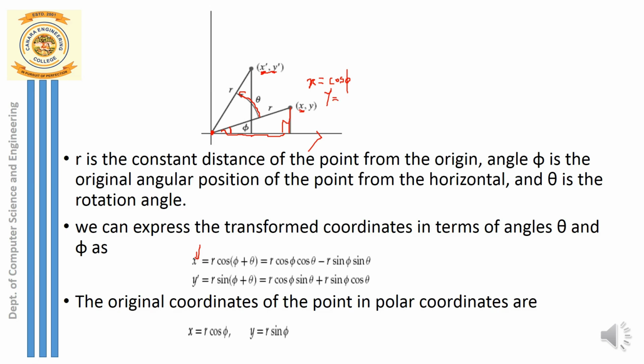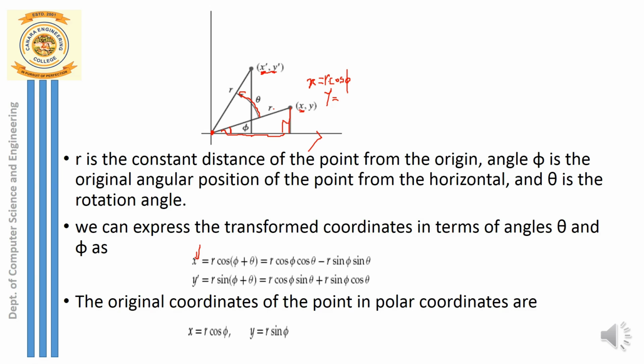I'm sorry, I forgot one factor over here. x is equal to, is it simply cos phi? No, it is the adjacent side multiplied by the hypotenuse. So r is the length of the hypotenuse, which is multiplied with the cosine of angle phi, which gives you the length of the adjacent side in a right angle triangle. So the x coordinate is given by r into cos phi.